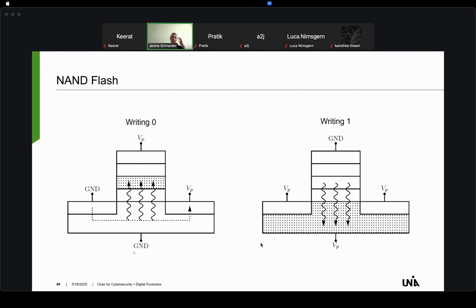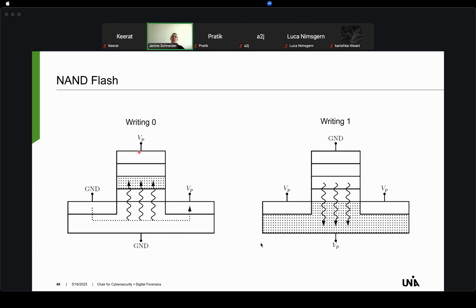The writing process is illustrated by these two figures here. The picture on the left-hand side shows the writing process. You have ground on the source and the substrate, and you have certain programming voltages on the drain and the control gate.